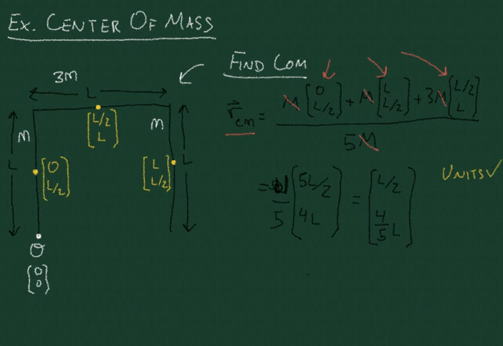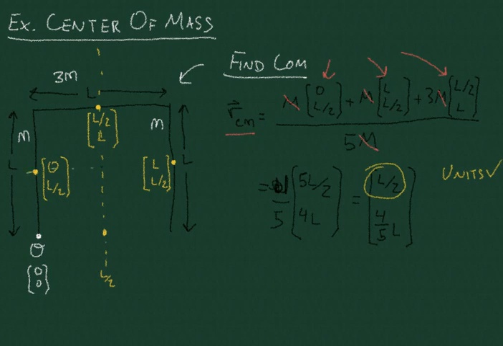Now let's see if it makes sense. We notice that there's a certain symmetry that goes right down the middle. So we automatically know that the x center of mass is going to be along this line, because the rods on both sides are identical. We would expect the x component to be L over 2, and sure enough it is. What about the y component?